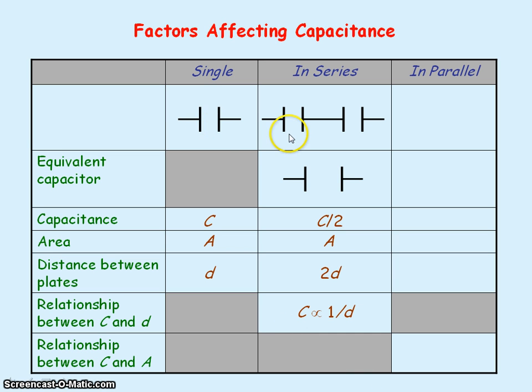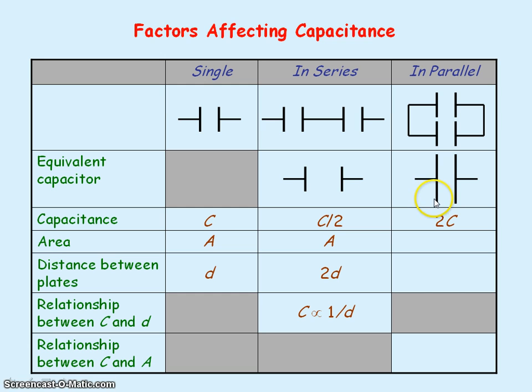If we now consider the two identical capacitors connected in parallel, where this represents the equivalent capacitor, to obtain the total capacitance for capacitors in parallel, we add the capacitances, so that is equal to 2C.